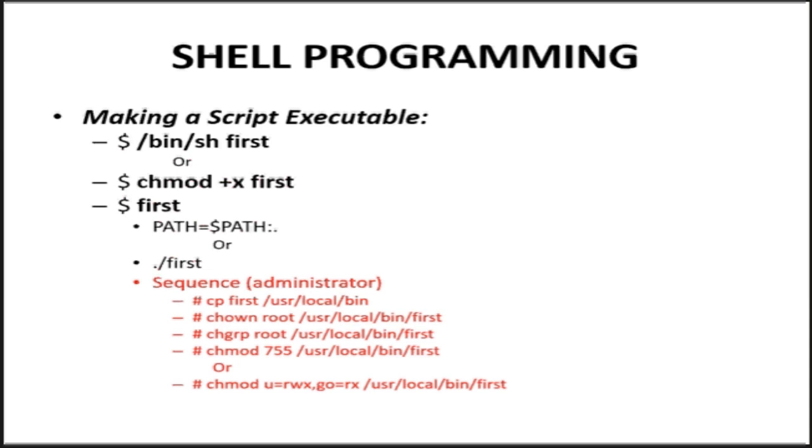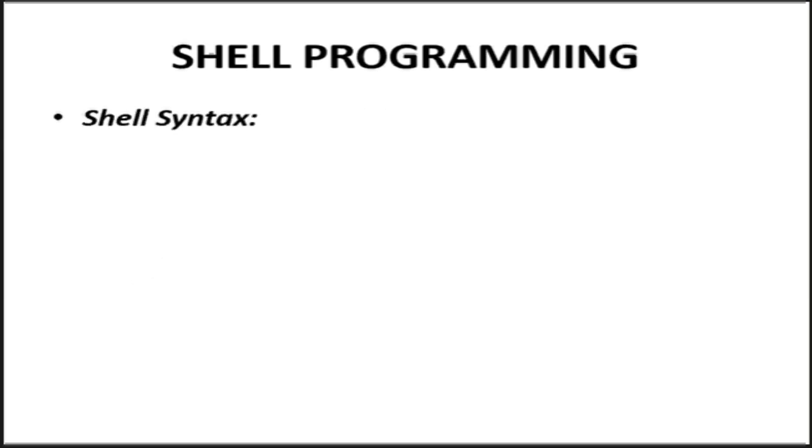In that case, I am going to remove the write permission, where g represents group and o represents others. go equals rx.